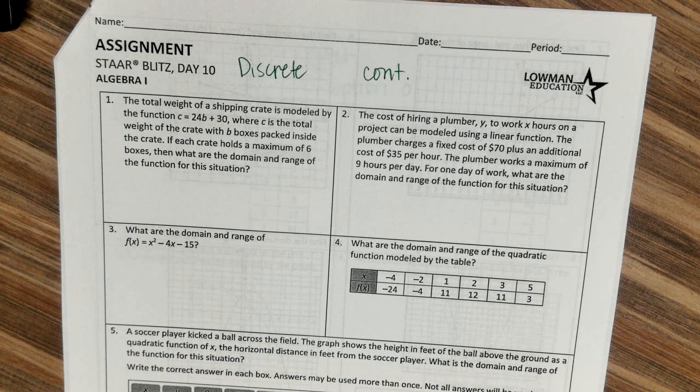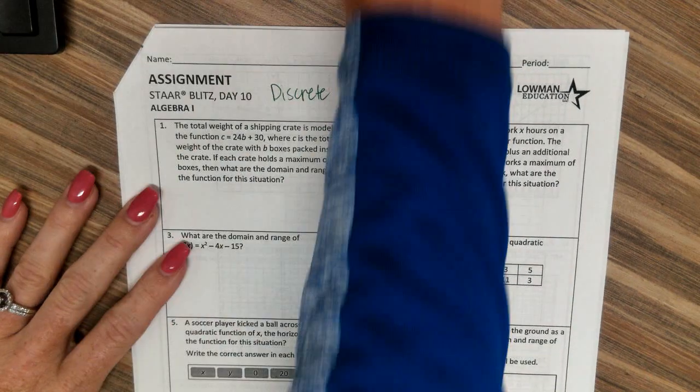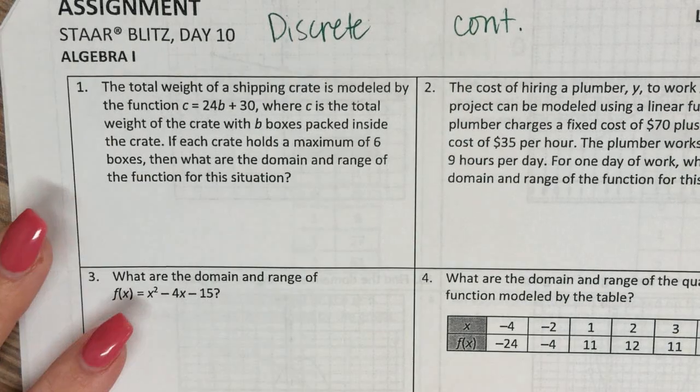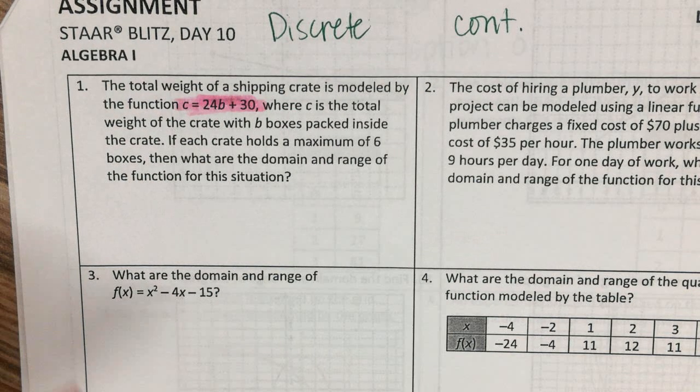So let's look at 1 and 2 together and see if they're continuous or discrete. Number 1 says, the total weight of a shipping crate is modeled by this equation. So I can put that in y equals to see the domain and range. Do y'all agree? But I need to know, is it continuous or discrete? It says, where C is the total weight of the crate with B boxes.